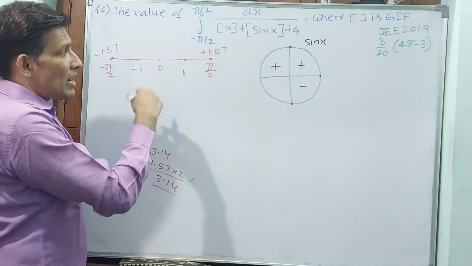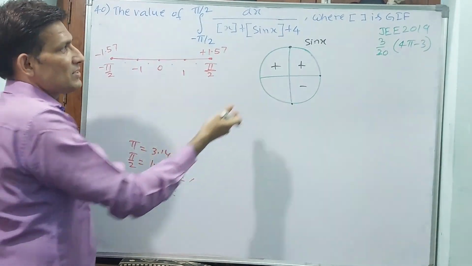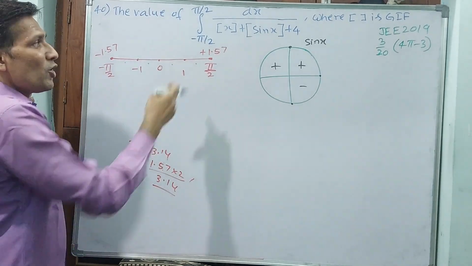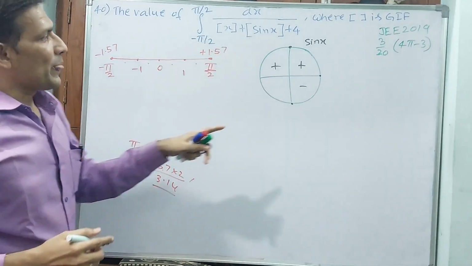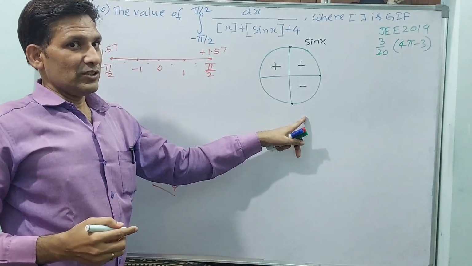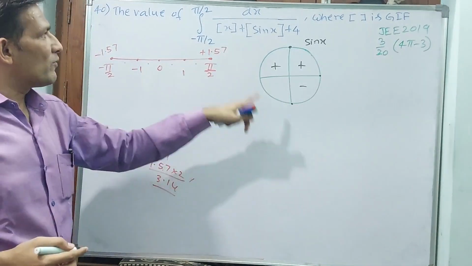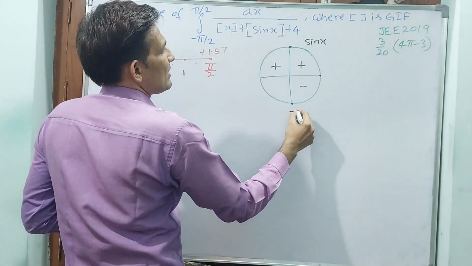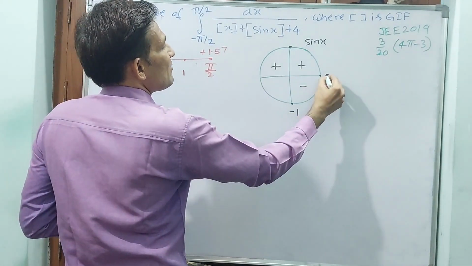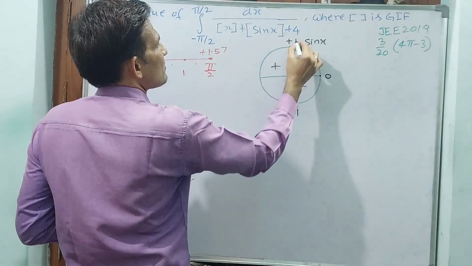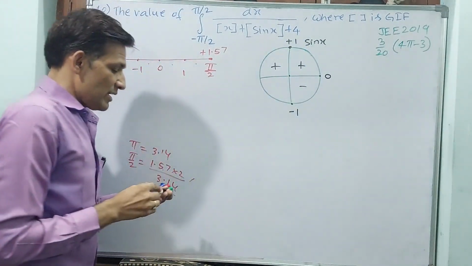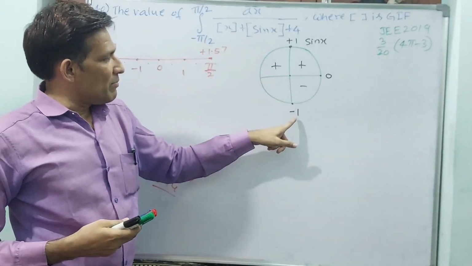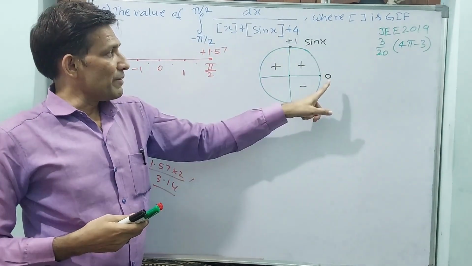We are going to take the output values. Here it is numerical input, numerical output, but here that is not the case. This is a little bit different. You observe carefully. Sin x here will be minus 1, sin x here will be 0, sin x here will be plus 1. That means from minus pi by 2 to plus pi by 2, the sin x value will be minus 1 to plus 1. In between, 0 also is there.